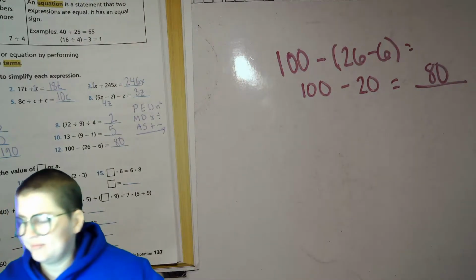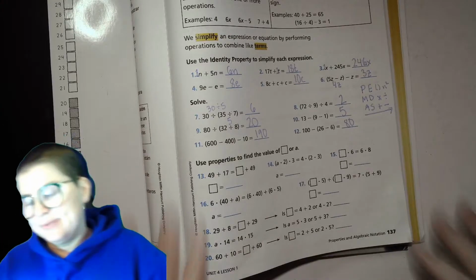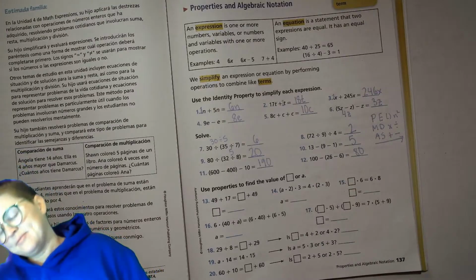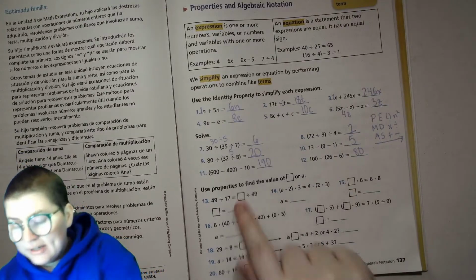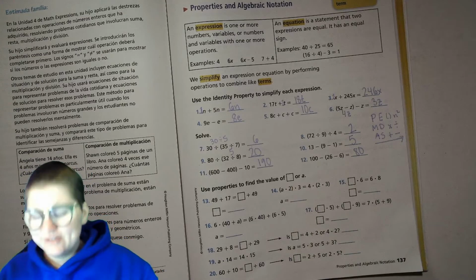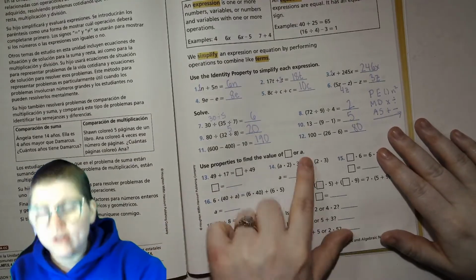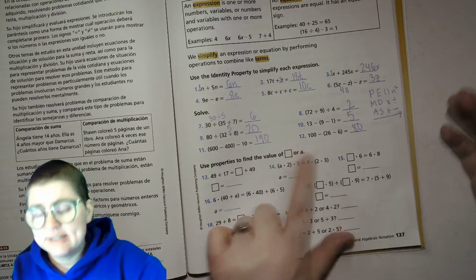Here we go. Now we're going to think back to some of those properties I mentioned earlier, and we are going to find the value of either box or A. And remember, way back in first or second grade, we introduced box as the concept of a missing number. And really that's all A is, right? It's a mystery number.